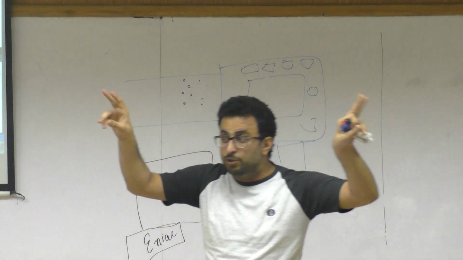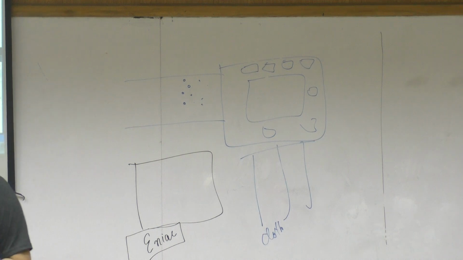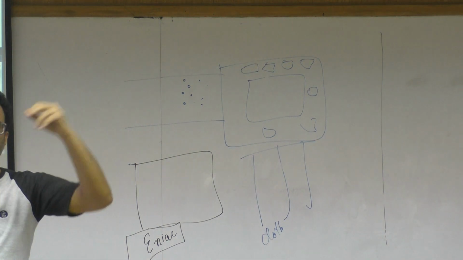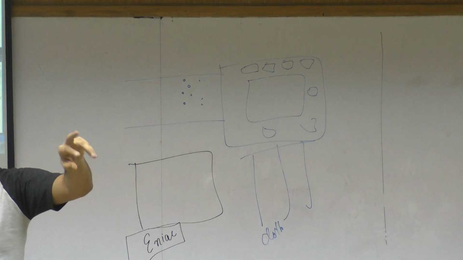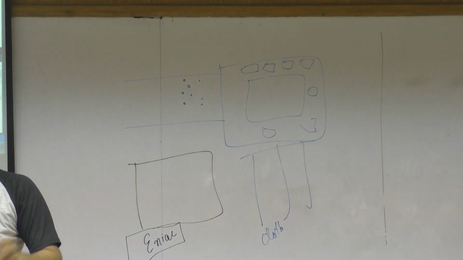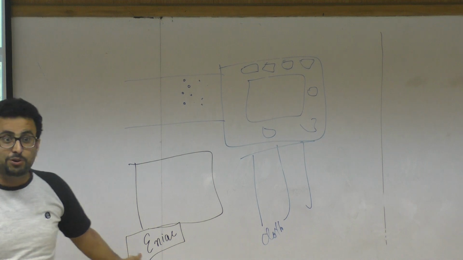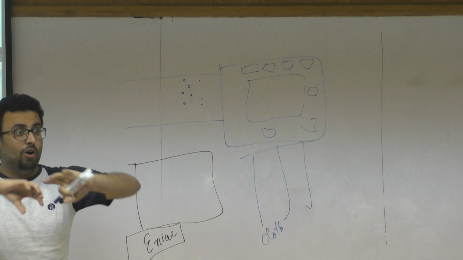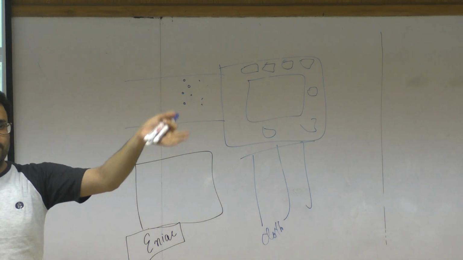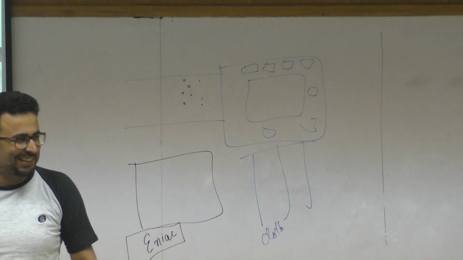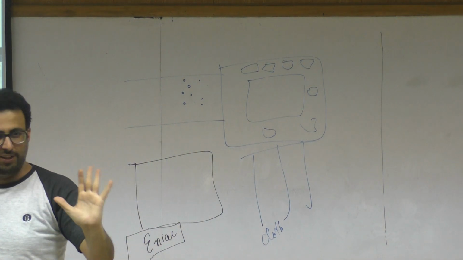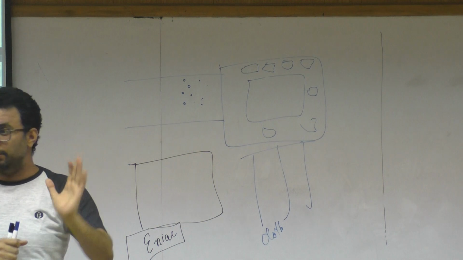It used to consume so much power that the most famous city of that time, Philadelphia, when ENIAC used to start, the whole city's lights would go out. It was so huge, with so much power consumption.